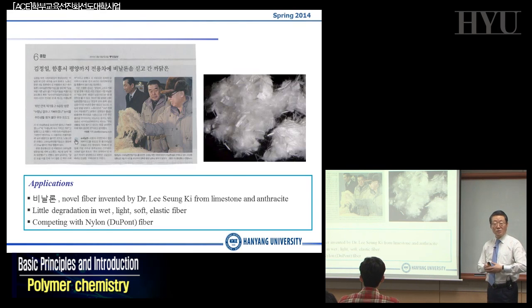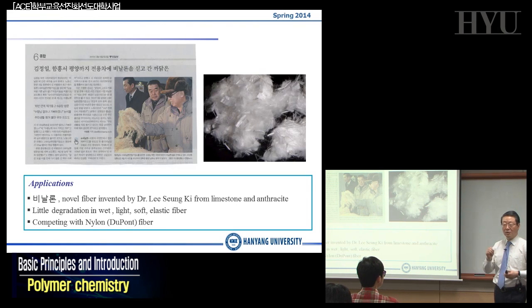But this vinylone was not made from crude oil, not from the petrochemicals, but from the coals. The coal chemistry was very different from the petrochemical chemistry, so that during those 50s and 60s, South Korean level of the polymer industry, well, chemical industry, was behind North Korea at the time.